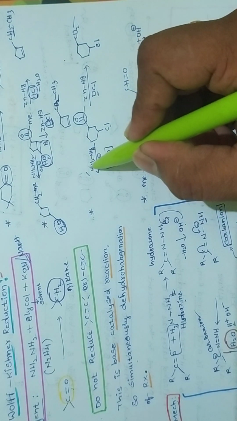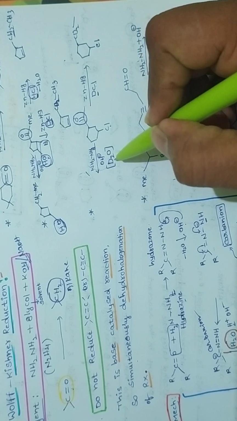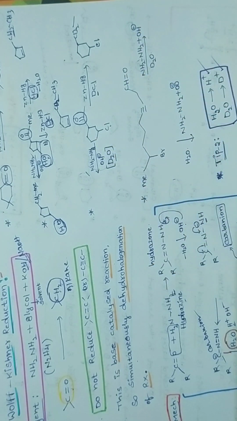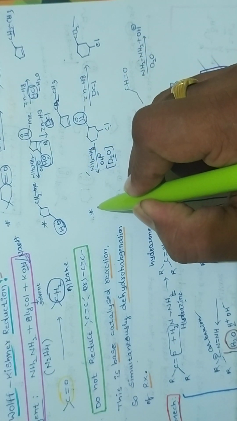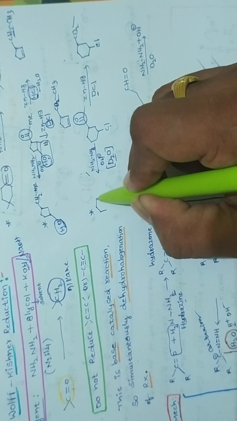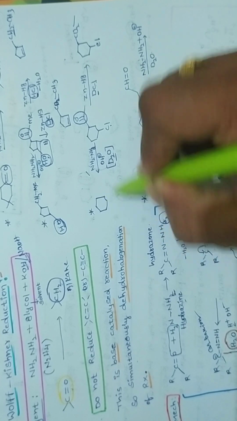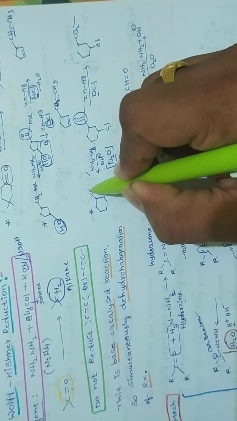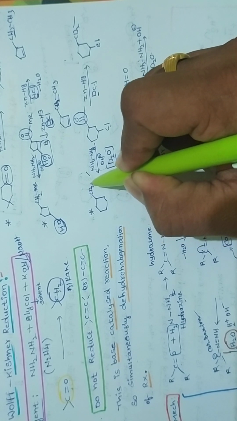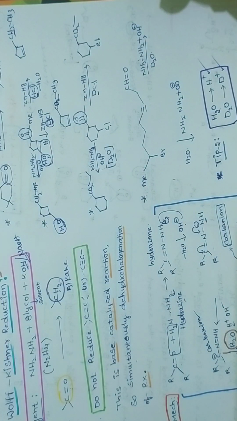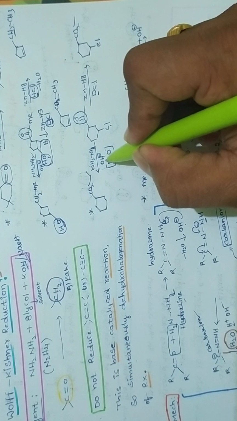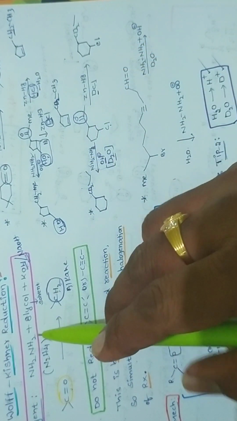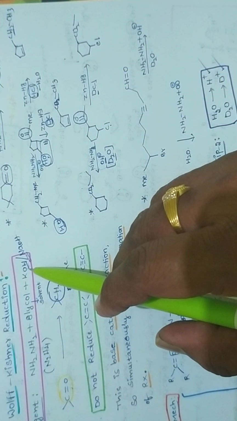Now here this is called the Wolff-Kishner reduction reaction. Here I gave D2O. That means deuterium. Then what are we going to get? The CO group is converting into CD2. Next, this is base. The Wolff-Kishner reaction occurs in the presence of base.